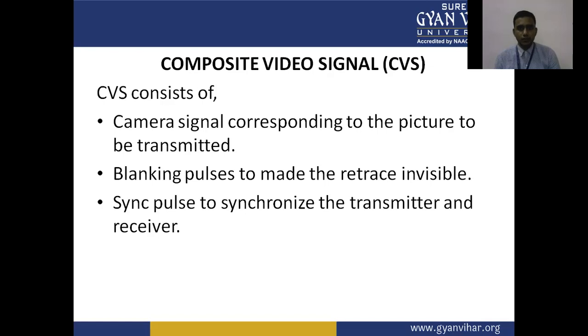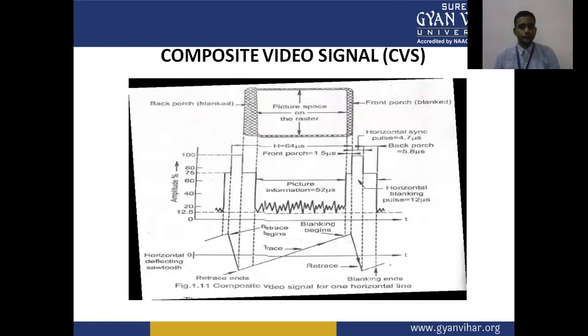So in the CVS we have a complete camera signal, that is the active or video signal, blanking pulses for the invisible retrace period, and sync pulses to synchronize the transmitter and receiver.